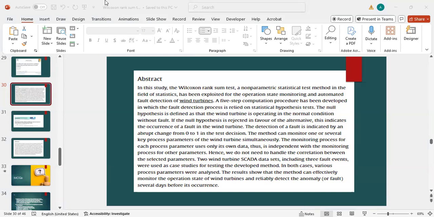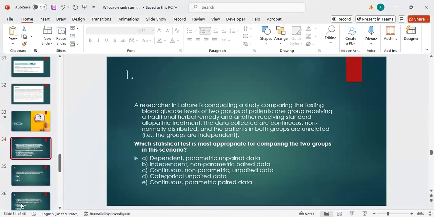Number two, the MCQs again have lots of mistakes. Would you please go to your MCQ number 1? Yes, ma'am. Here you are asking in the question about the statistical test, and the options are all about the data. The datasets and the tests are two different things, and it should be crystal clear to everyone what the stem is and what the options are.